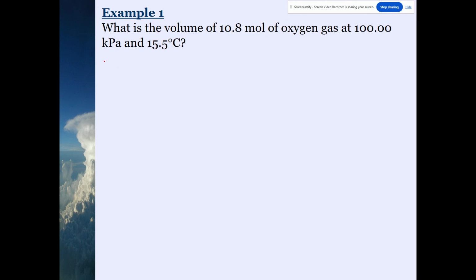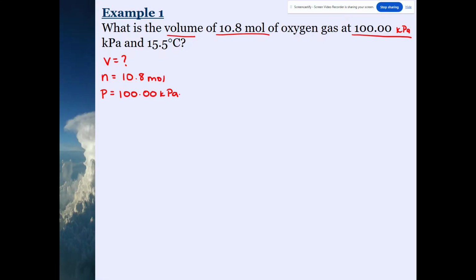What is the volume when you have 10.8 moles? So that's my n, 10.8 mol, at 100 kPa, so that's my pressure, and 15.5 degrees Celsius.